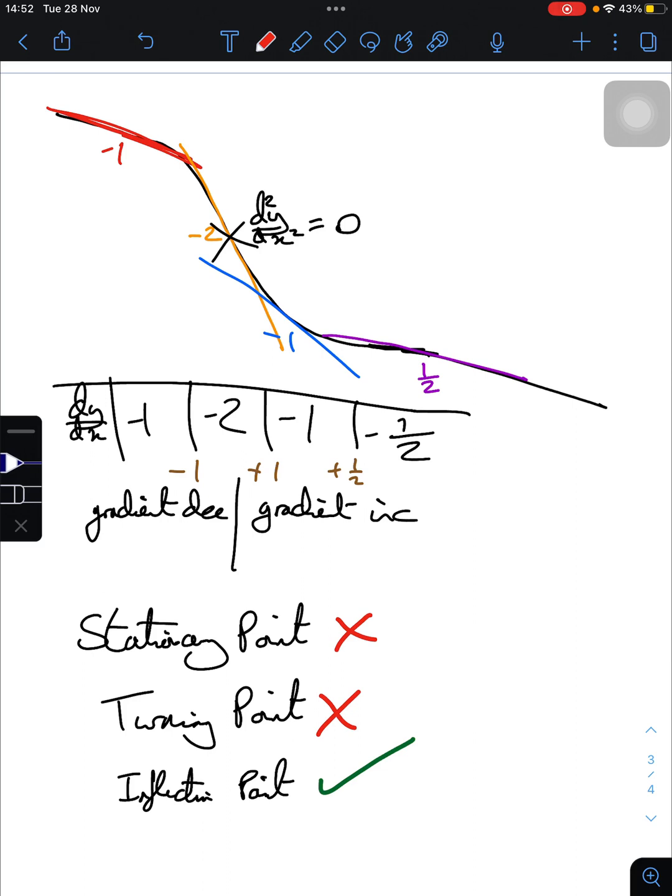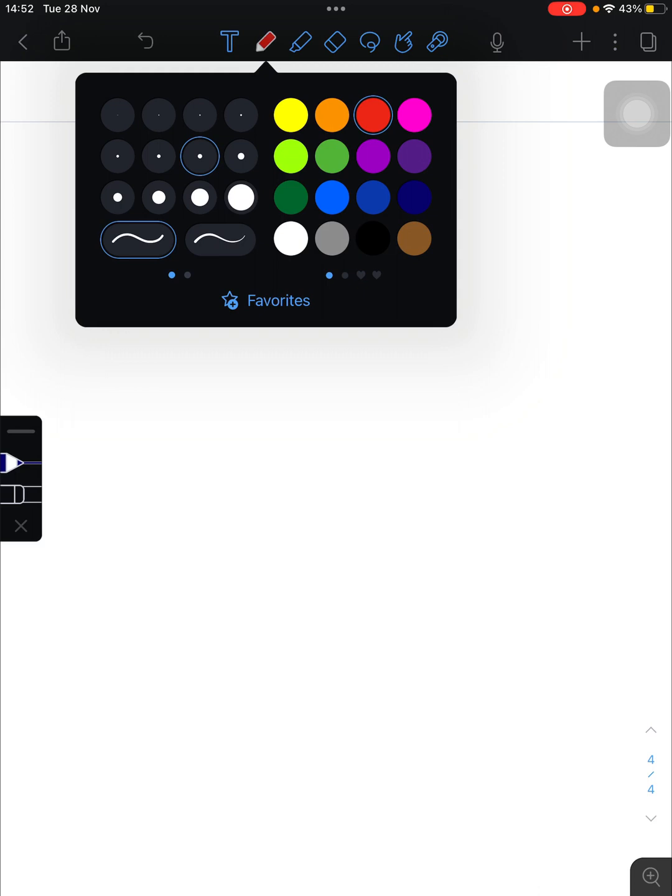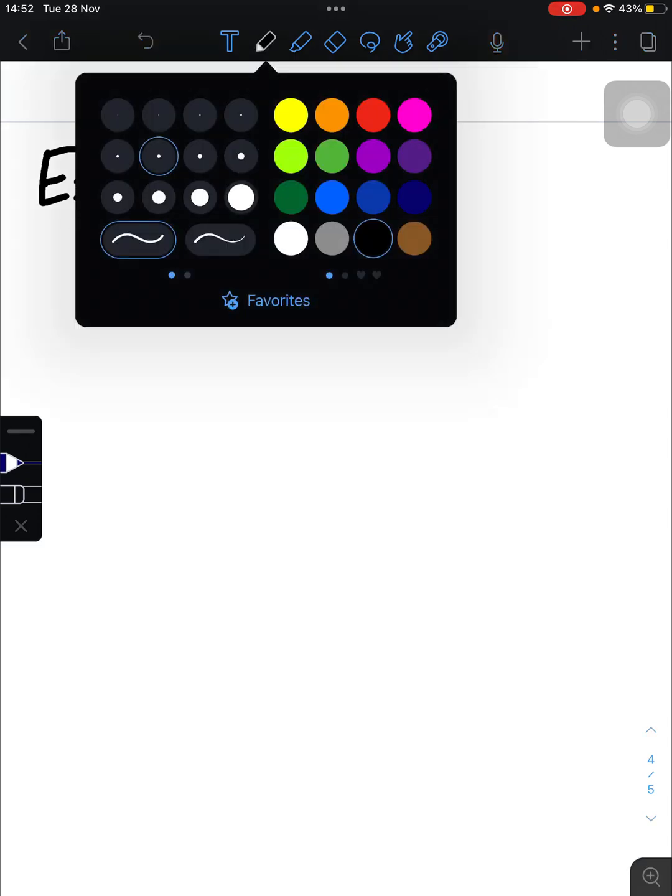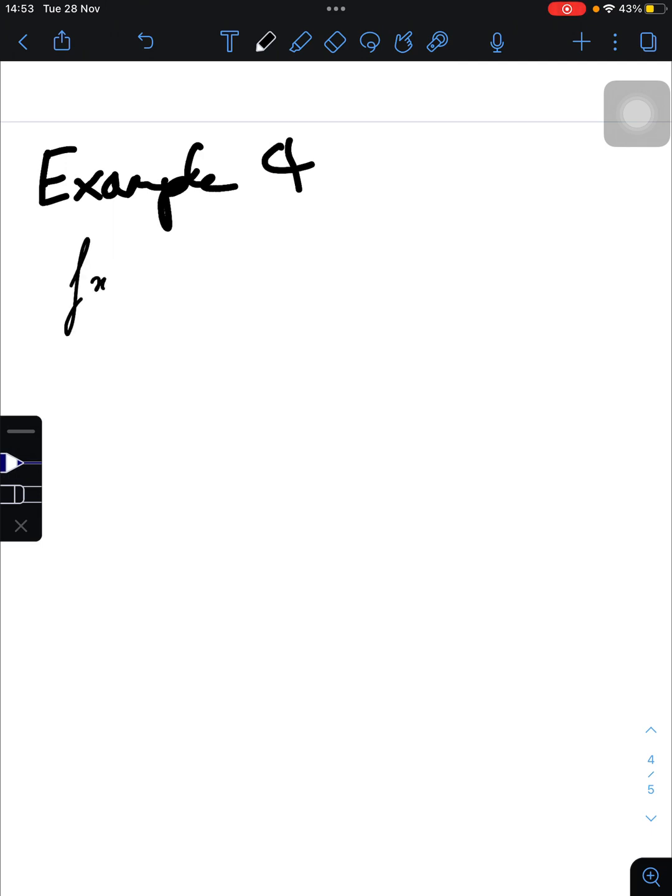Okay, so applications of differentiation. I'm going to pick one of those examples. We did 3 in the lesson. Let's do another one, as I think it becomes clearer when we do examples. Let's do example 4. Example 4 says that f of x in this case equals x to the 4 minus 2x squared.